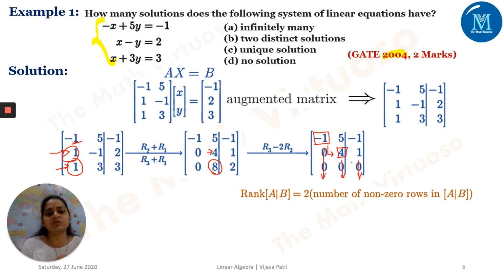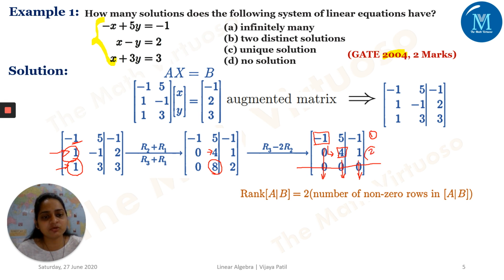This shows an echelon form, or you can say this is an upper triangular matrix. So this is minus 1, 5, minus 1, 4, 1. And if you observe, the last row is a zero row. How many rows in this 3 cross 3 matrix are non-zero? This is my first row, which is non-zero.